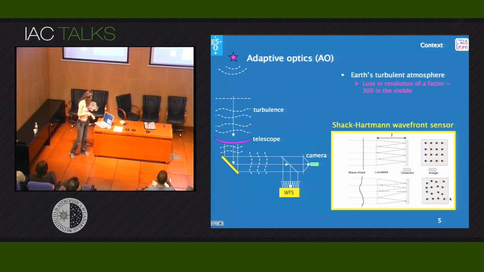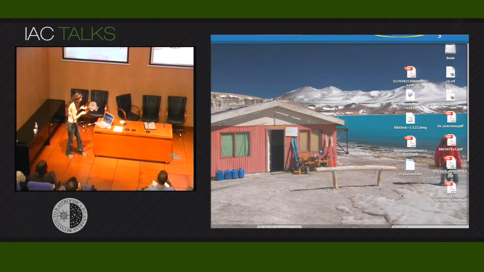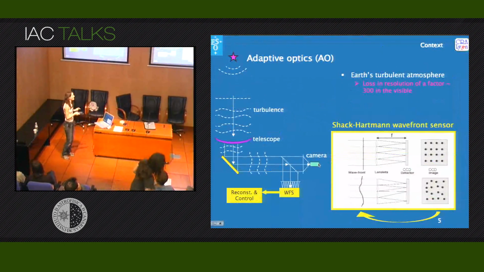And from this data, you can try to reconstruct the perturbation of the wavefront. And this is the step of reconstruction and control for the adaptive optics system.